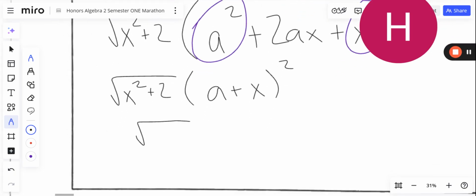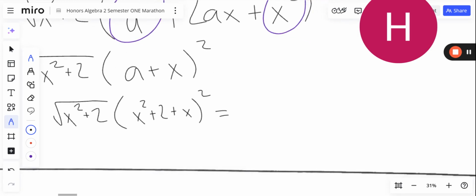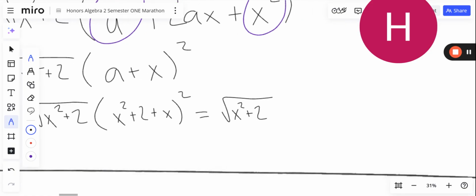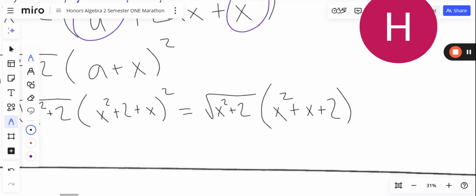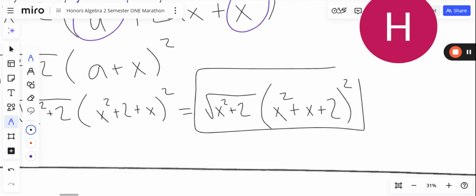So really we're going to have square root of x squared plus 2, parentheses, x squared plus 2 plus x squared, which I guess can turn into something, right? X squared plus x plus 2. I guess that cannot simplify. We can't factor that down more is what I mean. If this was a minus, then we could actually factor it down more, but otherwise we're going to leave it like this.